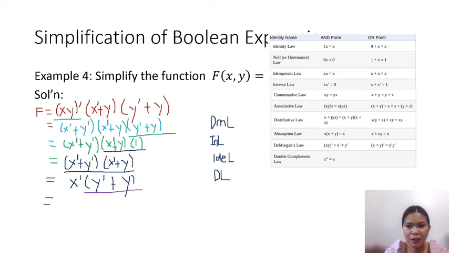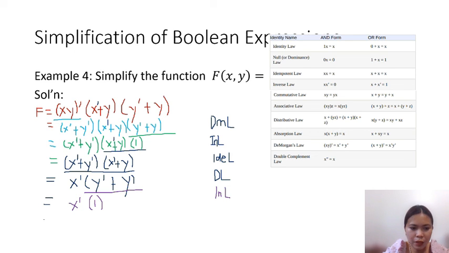Okay. So, by here, we can simplify this here. Yung nasa loob na parenthesis, we can use the inverse law or form para magiging not x, not x times 1. And then, so I use here, this is inverse law.